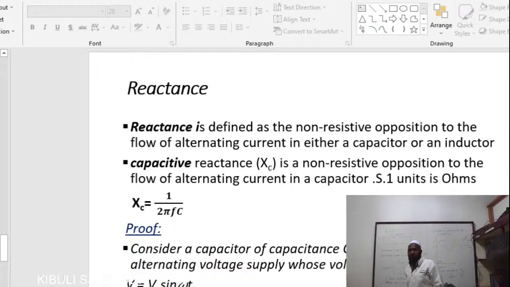Now, we may want to prove that expression. We may be interested in proving the relationship between capacitive reactance and that one. So we are going to realize that the content is almost the same. From here, Q is equal to CV, which is CV naught sine WT.